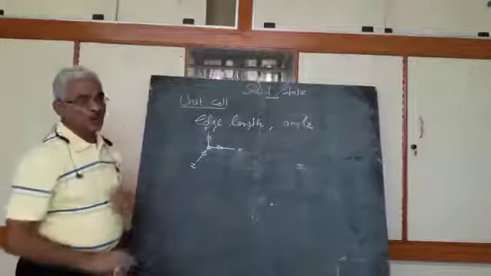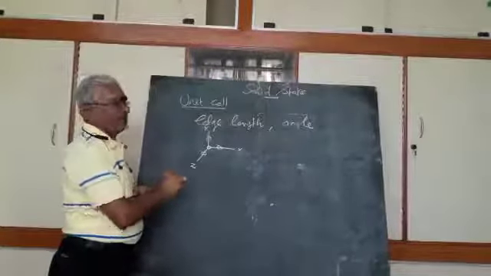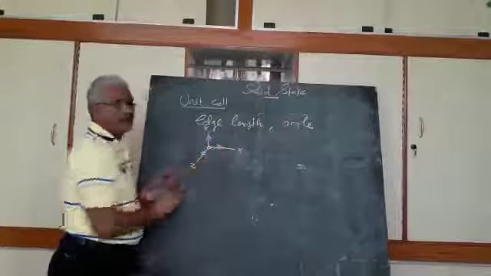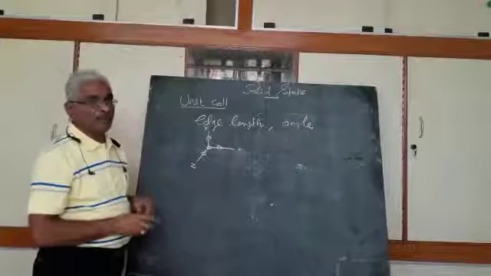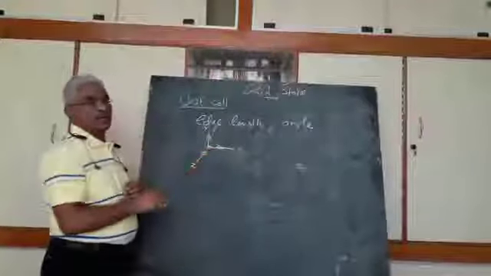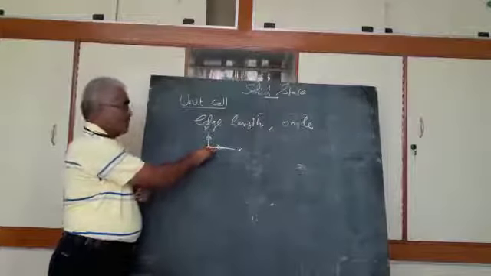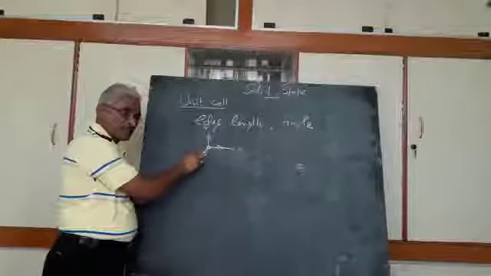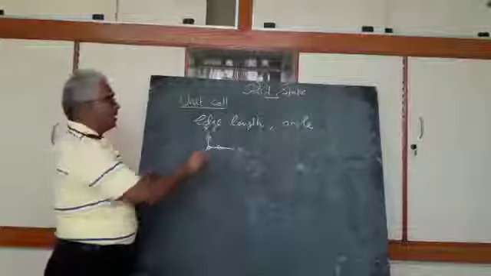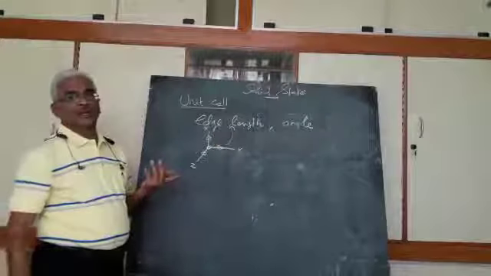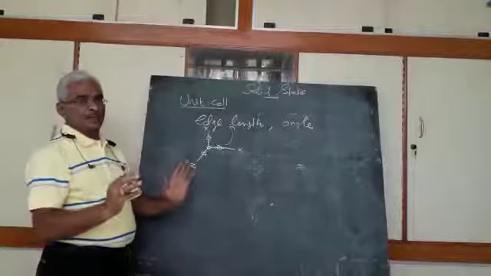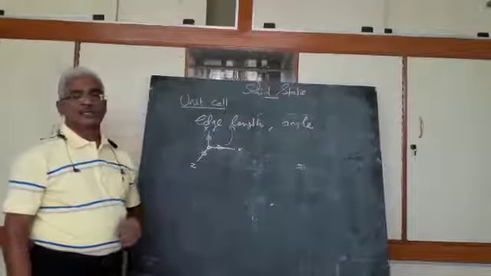If you could find out the distance between these two atoms, so let me repeat, the distance between these two atoms in the x-axis, in the y-axis, in the z-axis, it is the edge length. Edge length is this.